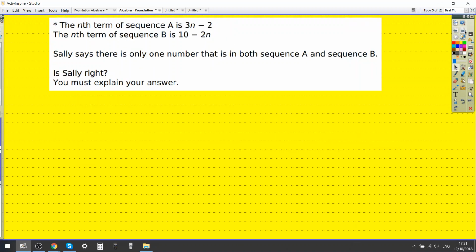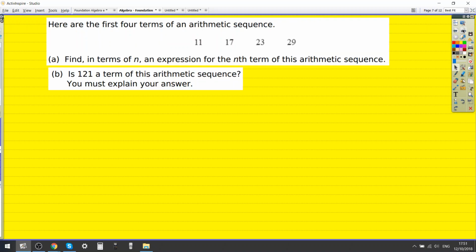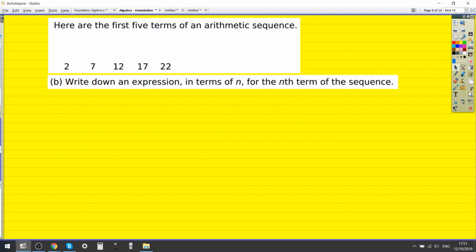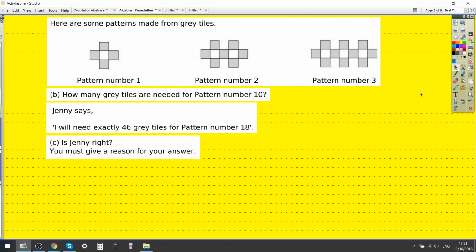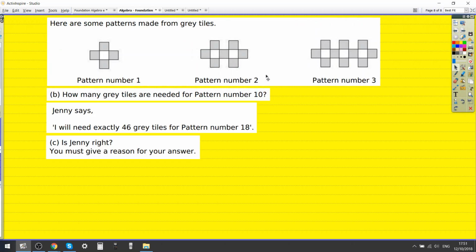No. Possibly. It's an expression for the nth term. Yeah, get rid of that. That's the one we did. Find the 8th term. 7. Pattern 10 is right. 8th term. Okay.